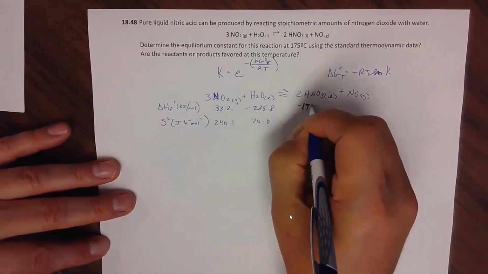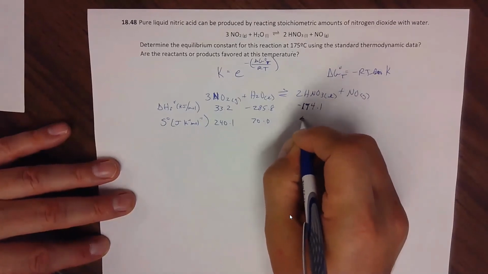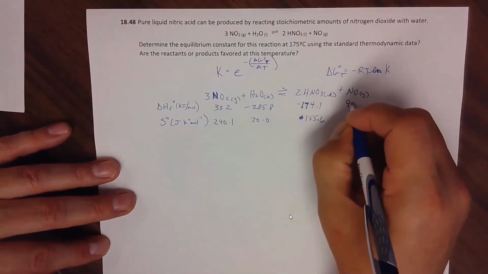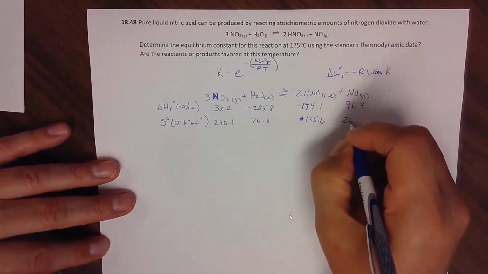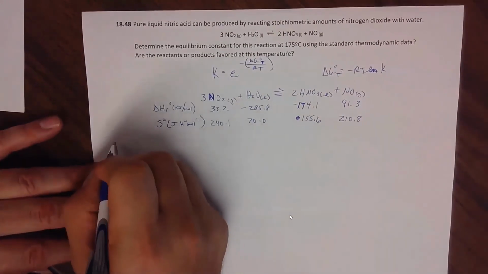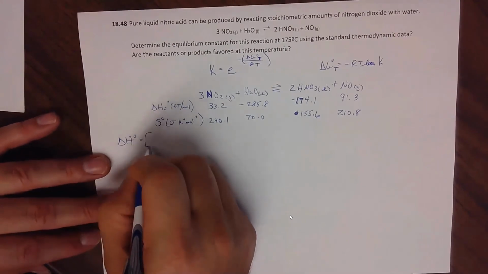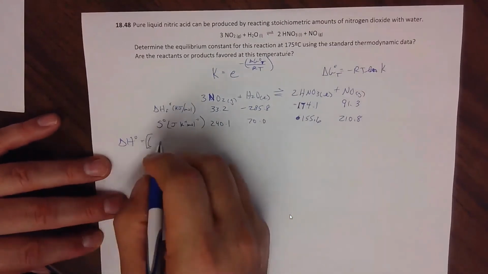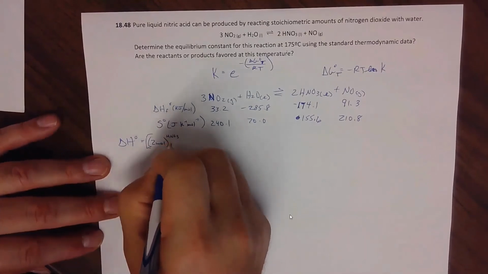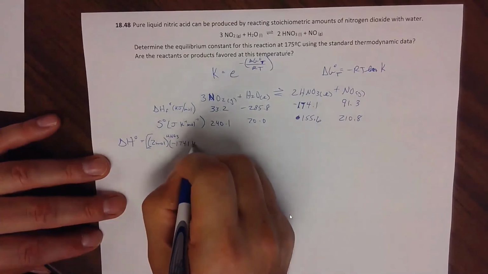And again, we're going to look up both of the values for each just to save time. And now we need the summation laws. So we have our 2 moles of liquid nitric acid at negative 174.1.